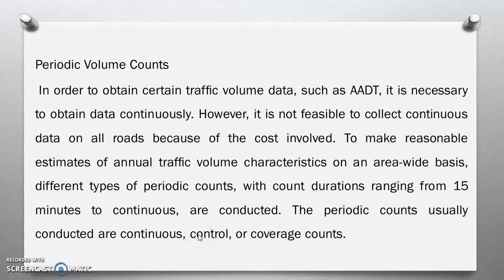Control counts are taken at stations known as control count stations, which are strategically located so that representative samples of traffic volume can be taken on each type of highway or street in an area-wide traffic counting program. While coverage counts are counts used to estimate ADT using expansion factors developed from control counts.